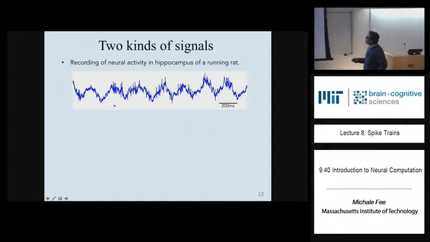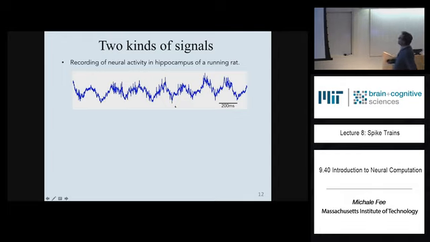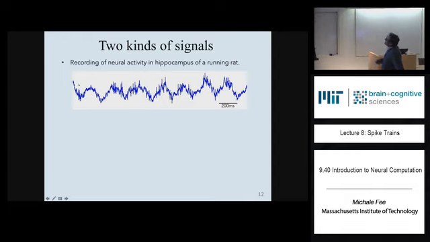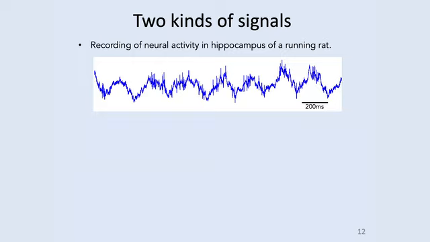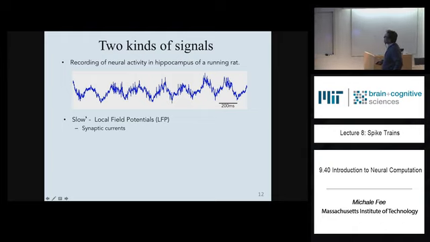So if we were to record the extracellular voltage in a region of the hippocampus, we might see a signal that looks very much like this. These are data from Matt Wilson's lab. The signal has a number of features. You can see that there is a slow modulation of the signal that actually corresponds to the theta rhythm in rat.